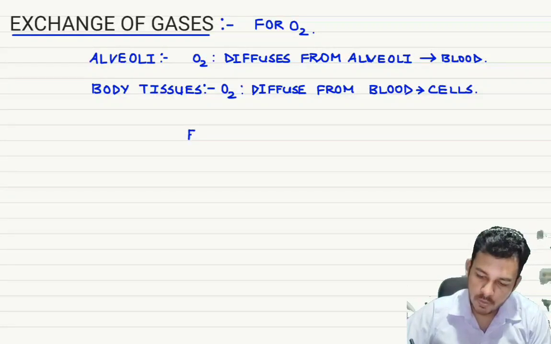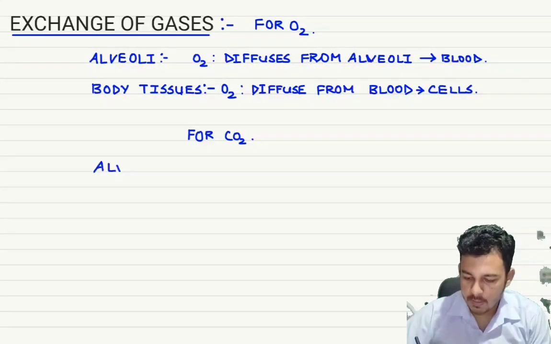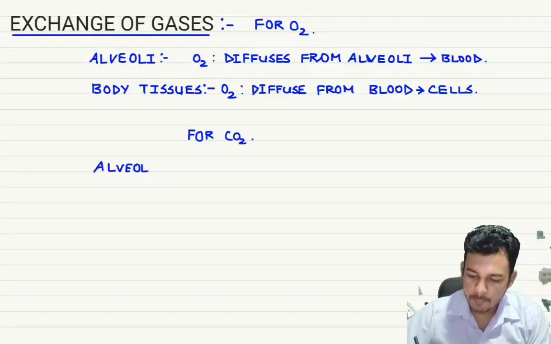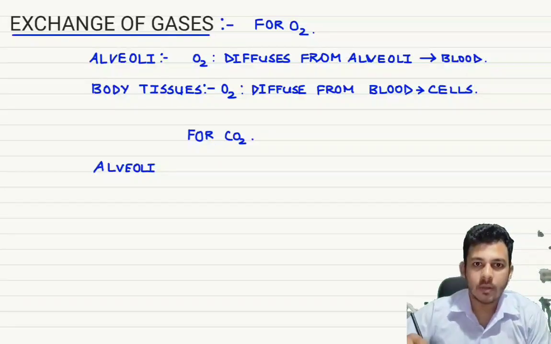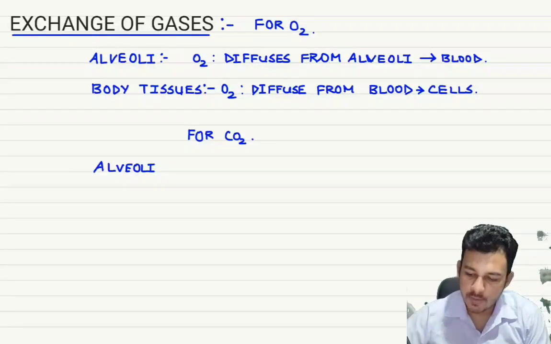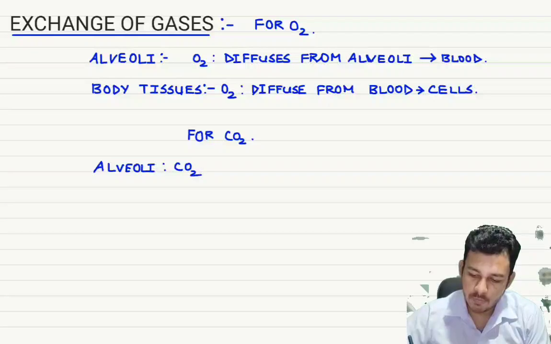Now for carbon dioxide, the story is completely vice versa. In the alveoli, the amount of carbon dioxide in the deoxygenated blood brought by the pulmonary artery is going to be higher.